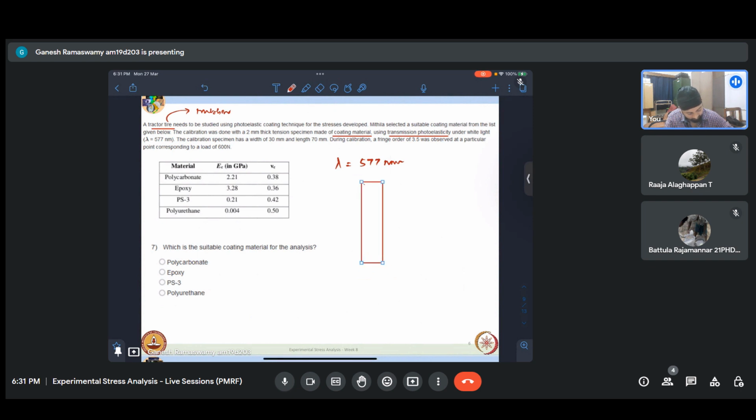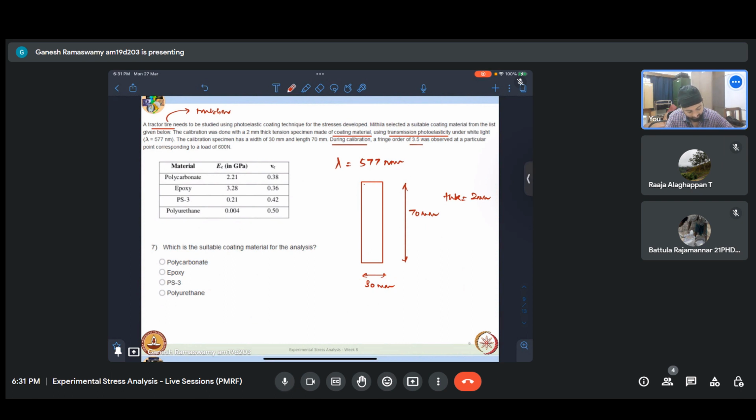Okay, so we have this as 30, this is 70, and its out of plane thickness is 2, is what is given. During that calibration, a fringe order of 3.5 was observed at a particular point.